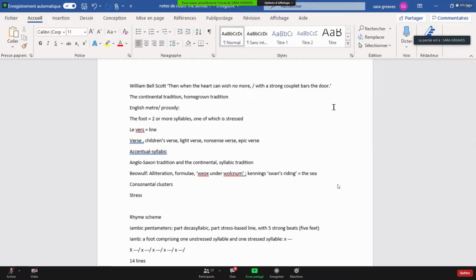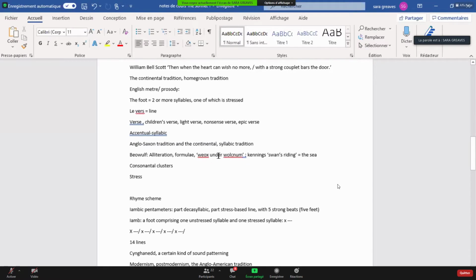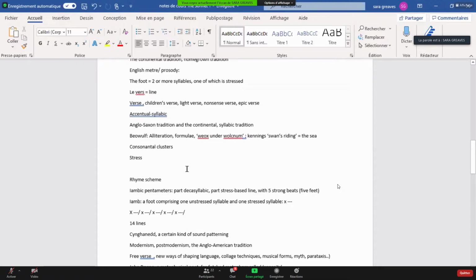Now, this hybridity in the sonnet, on the one hand, the continental Petrarchan, and on the other, the homegrown sonnet, can be seen in the verse line, accentual syllabic. The syllabic part refers to the continental tradition, and the accentual refers to the homegrown national Anglo-Saxon tradition.